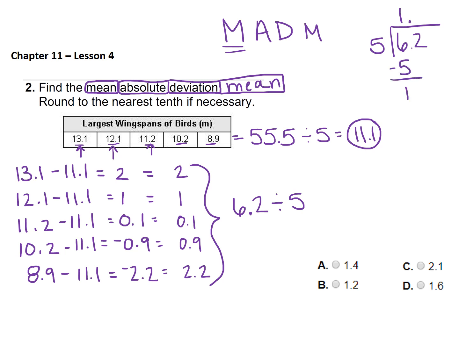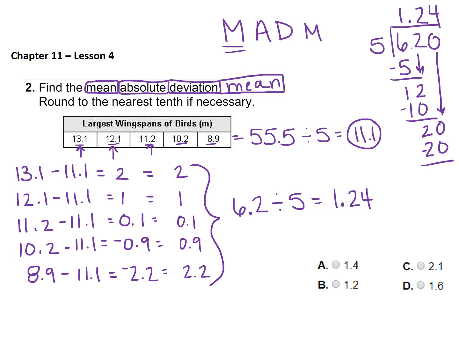Bring down the 2. Twice 10. Add a 0, bring it down. 4. That equals 1 24/100. And it does say to round to the nearest tenth if necessary. So that'd be 1.2, which is answer choice B.